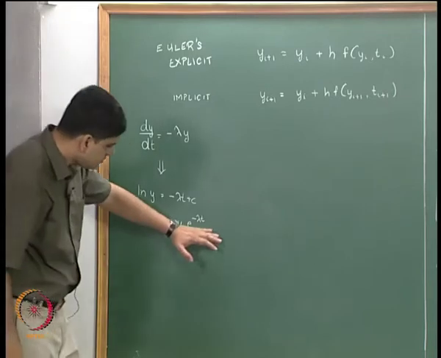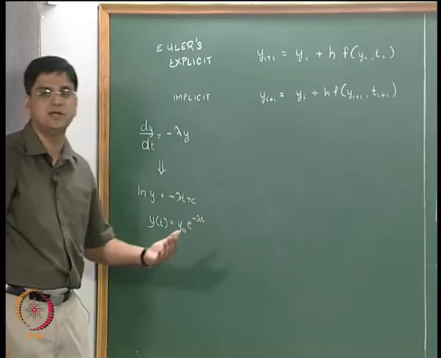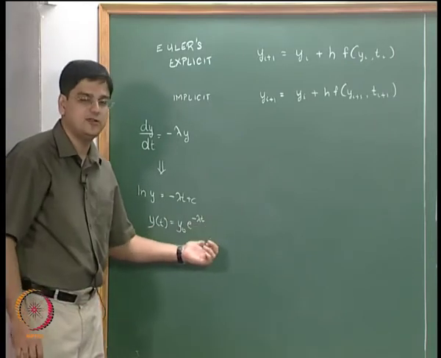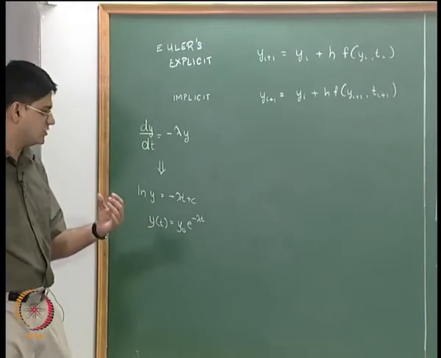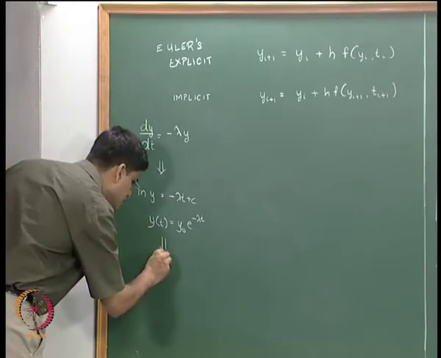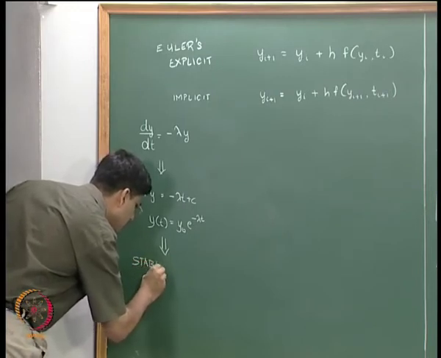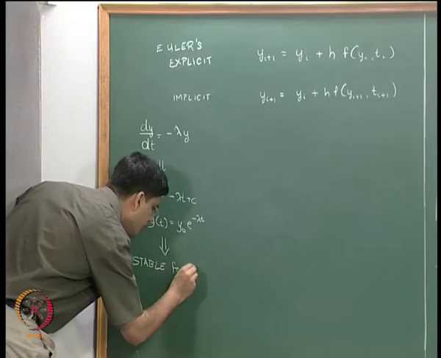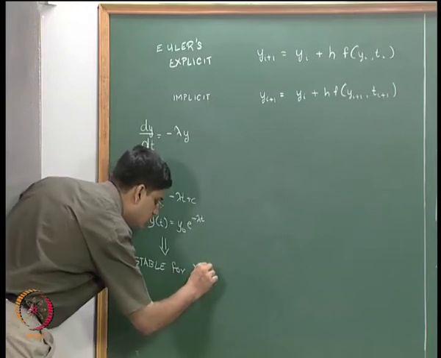Now the exponential function is always going to be stable. As t tends to infinity, e to the power minus lambda t is going to tend to 0 for positive values of lambda. So the analytical solution is stable for lambda greater than 0.